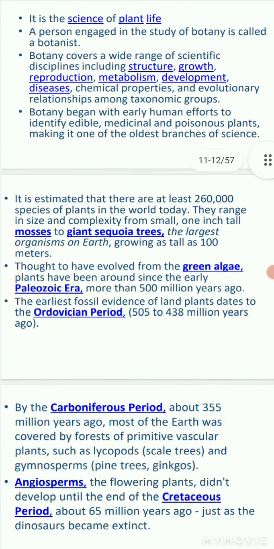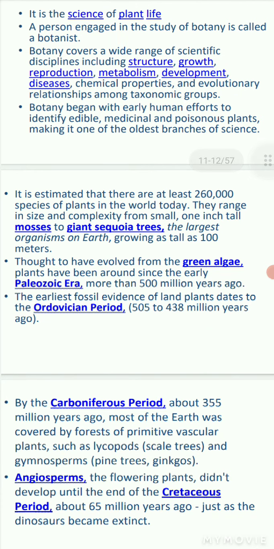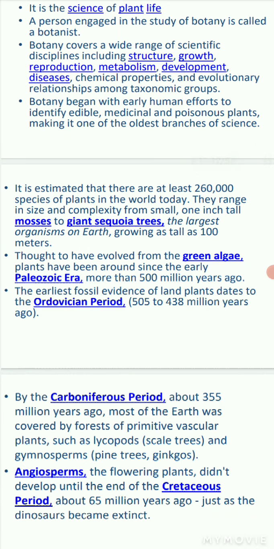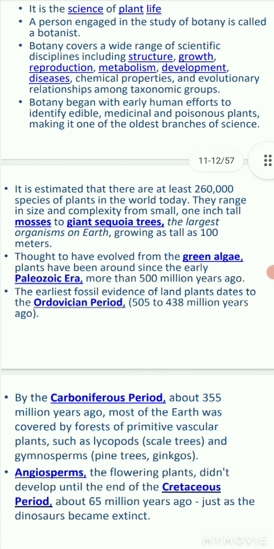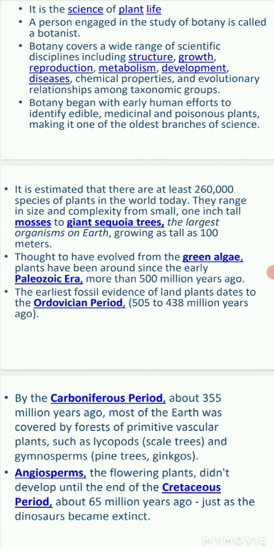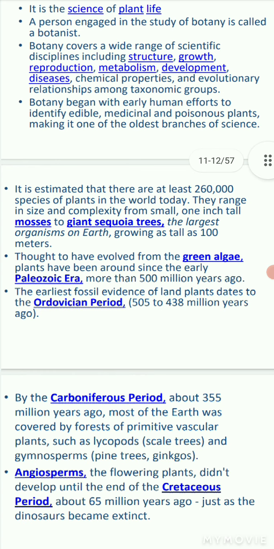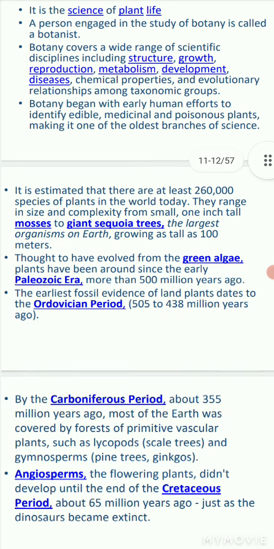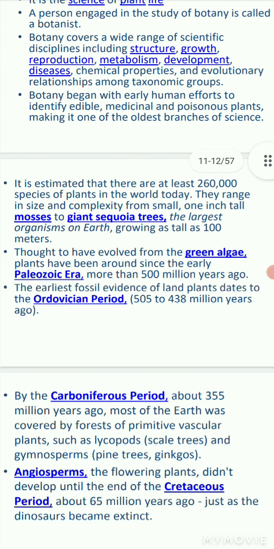Through that we have evolved from many different types of taxa, and likewise the plants evolved from green algae. These plants have been around since the early Paleozoic era. They developed, and more than 500 million years ago they evolved over the Earth planet.